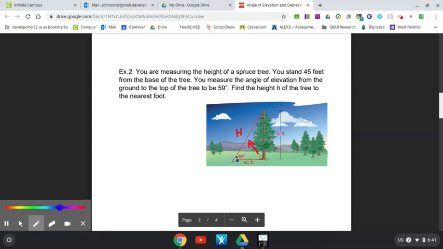Now, here's our angle. The side opposite of our angle has to be our opposite. And the side right next to it has to be our adjacent. So looking at the sides that we have something labeled on, I see that we have something for our opposite and something for our adjacent.